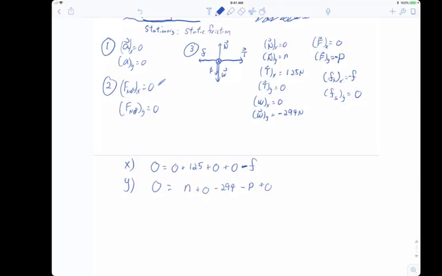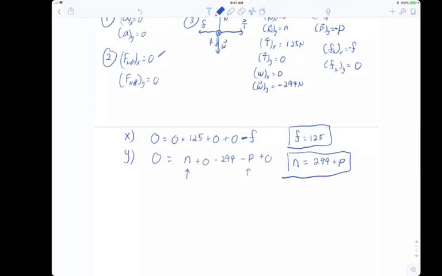Okay, so let's continue putting these together. Evidently, the force here from friction has to be 125. And there's two variables in this case. So normal force is equal to 294 plus p. That makes sense. Okay. Now to finish the question.